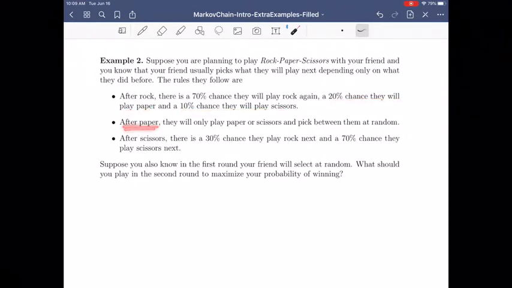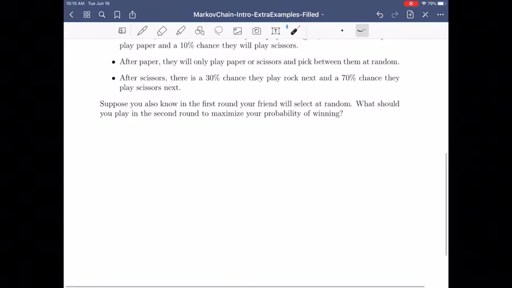After they play paper, they only play paper or scissors next, and they pick at random. After scissors, there's a 30% chance they play rock, 70% chance they play scissors. And you know in the first round that they select at random. So you want to know what you should play in the second round so you're more likely to win.